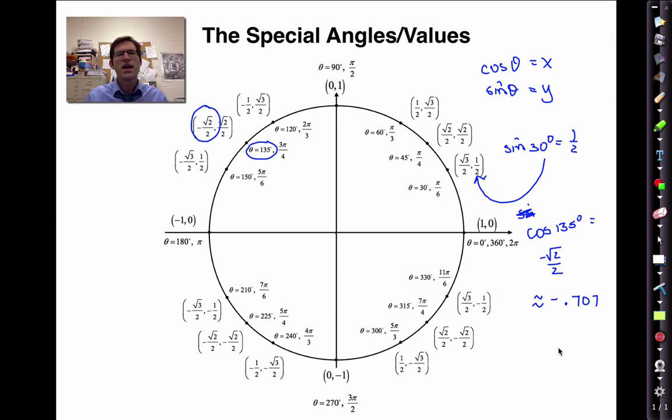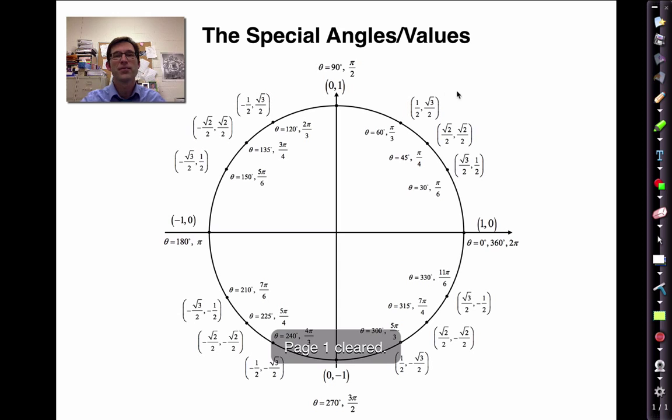Now, this is a scary circle to look at. In fact, the New York State Regents expects you to be able to deal with any of the angles that you currently see on this picture in both radians and degrees and know all those points. You might look at that and think, wow, is that overwhelming?